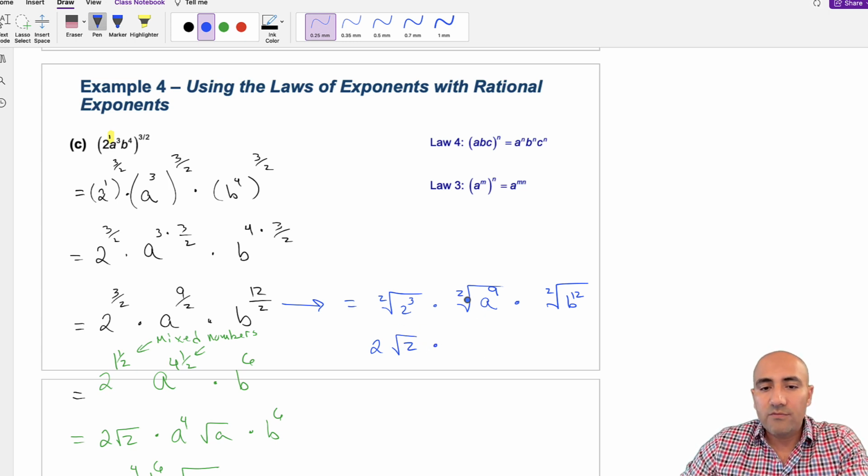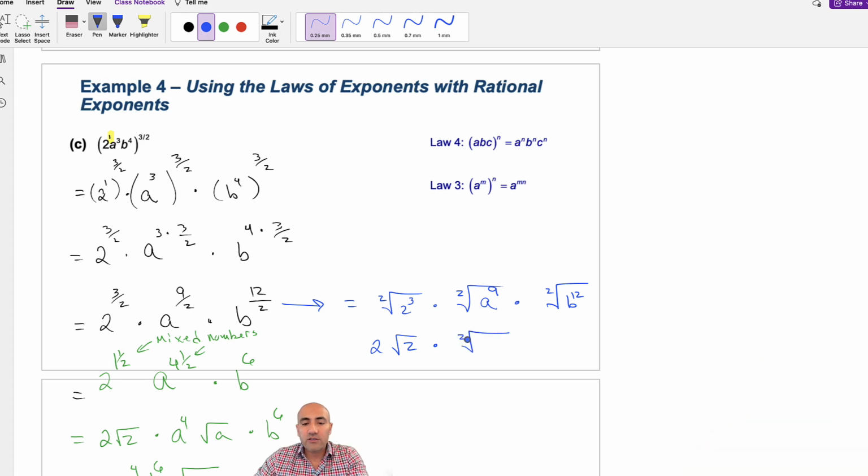Now we have to be careful here, because I'm going to do the slightly longer way of regrouping them. This is the square root of a squared times the square root of a squared times, I've used 2 of them, the square root of a squared, 3 of them, the square root of a squared.